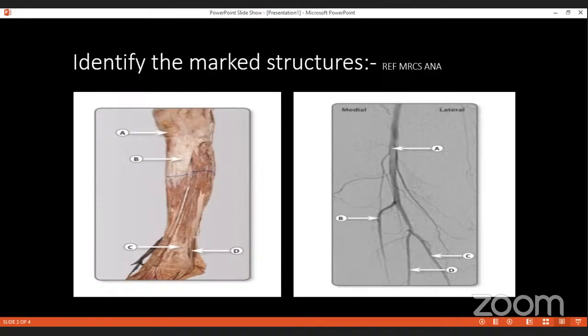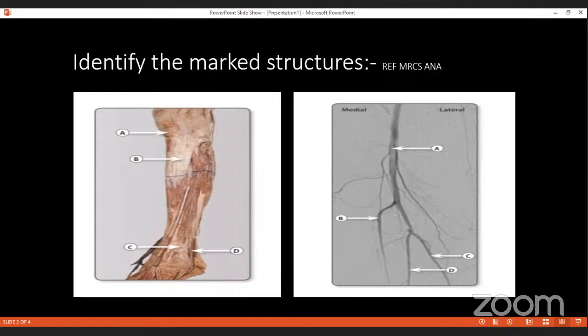Can you tell me what are the clinical features of compartment syndrome? There will be leg swelling and pain out of proportion, leg tenderness, pallor, paresthesia and pulselessness.